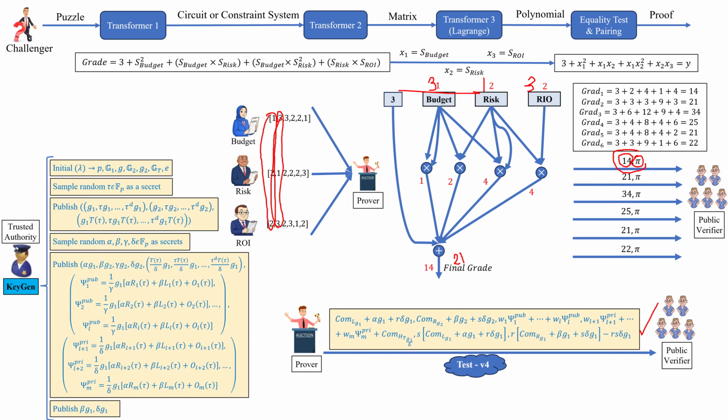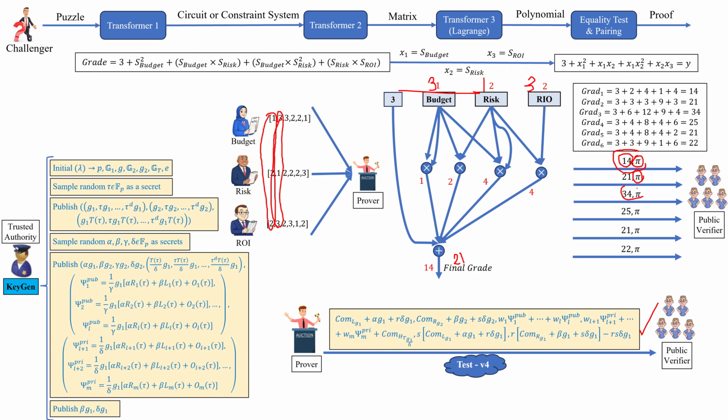So prover needs to compute the polynomials again, and then compute the commits, and then pick R, S, and then finally generate this new pi for 21 for the second company.